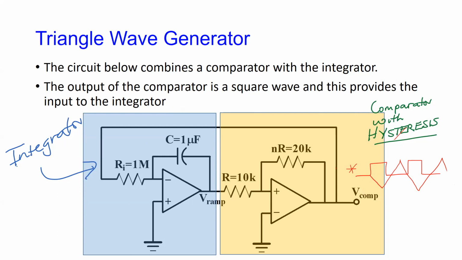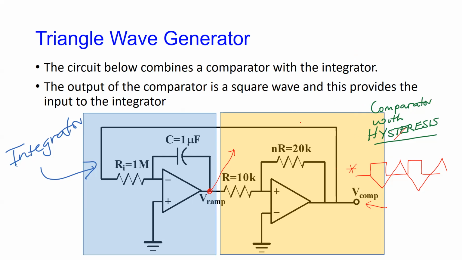And the output of that, notice where you're taking the signal. The output of this is coming from here. This is the triangular wave. Here you're getting a square wave coming out. And this is a comparator with hysteresis, right? Which is a little bit of a delay, if you remember from your physics and electromagnetics.